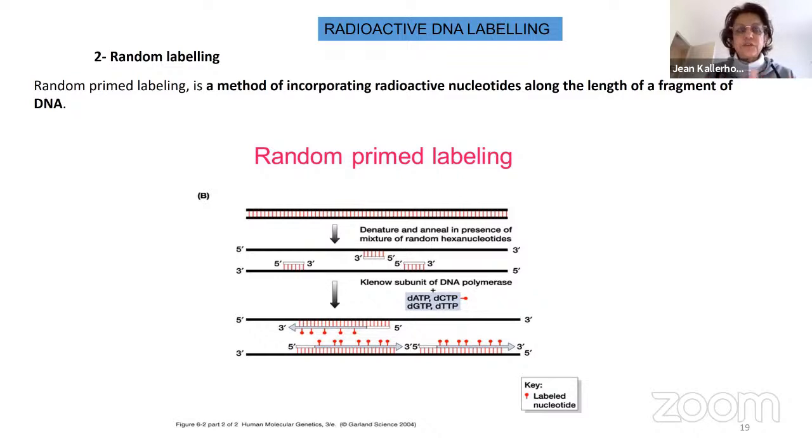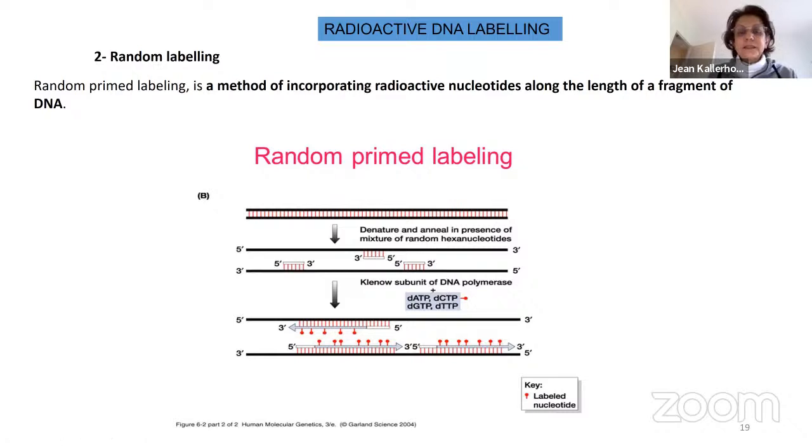They are very short fragments, and these fragments will look for complementary sequences, and they will fix everywhere where they have complementary sequences. So this is the art of fixing primers to templates. Once these are fixed, we speak about annealing.